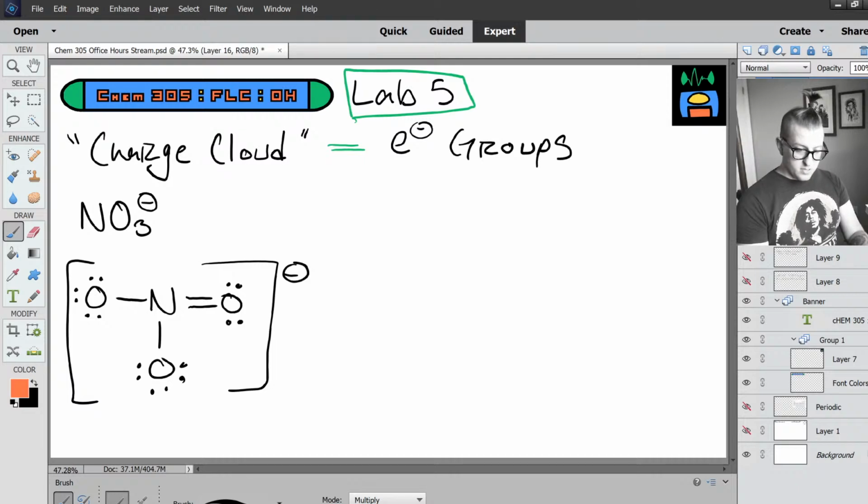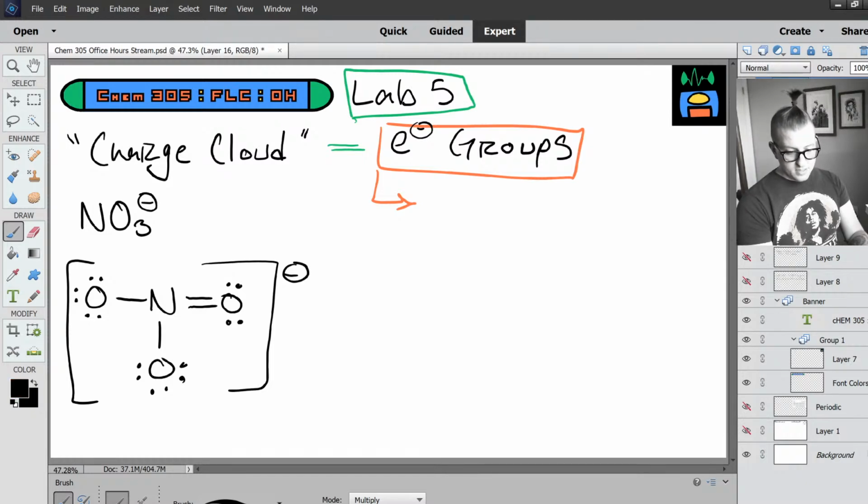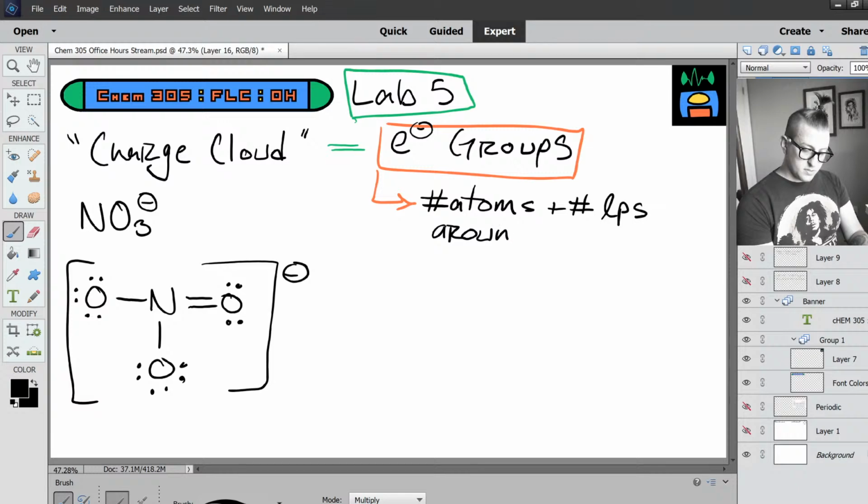But remember, when we talk about electron groups, this is simply the sum of the number of atoms plus the number of lone pairs around the central atom.